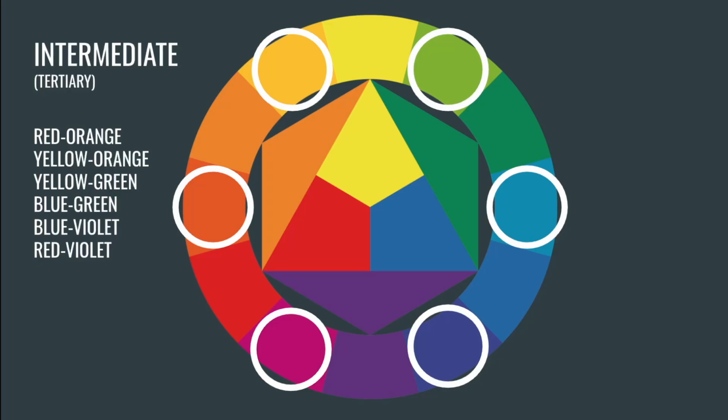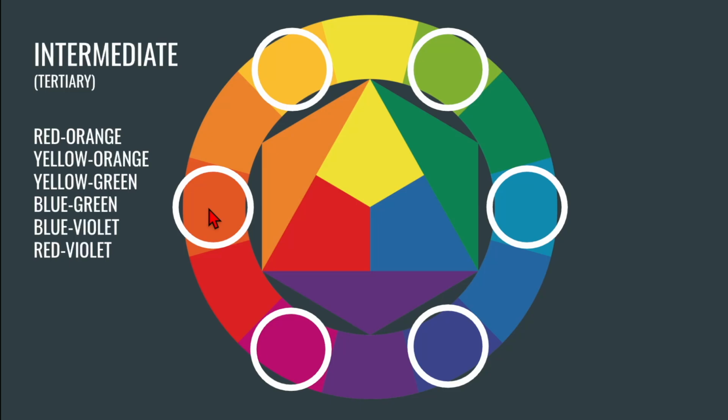Okay, moving right ahead, we're going to go right into intermediate or the tertiary colors. This is when you take a primary color mixed with a secondary color on the color wheel, and this is how you're going to get your intermediate or tertiary colors. You're actually going to name these by using the primary name first and then the secondary name. So here we go. Where is our red? Red right here. And our orange right here is going to make red orange.